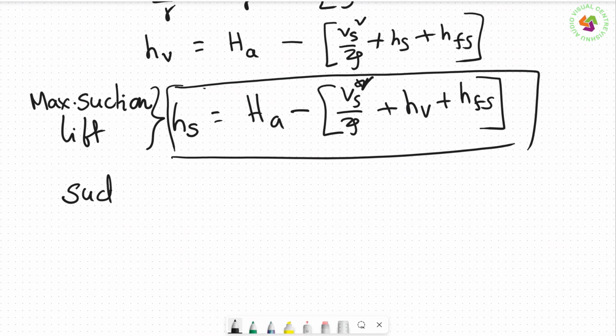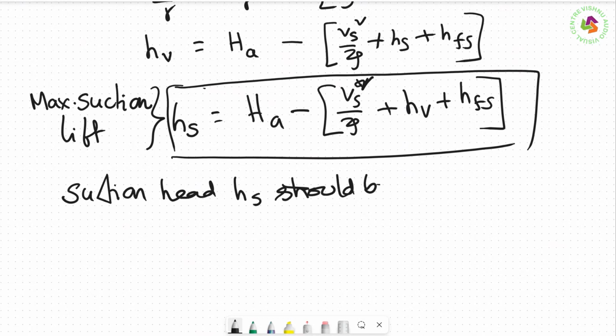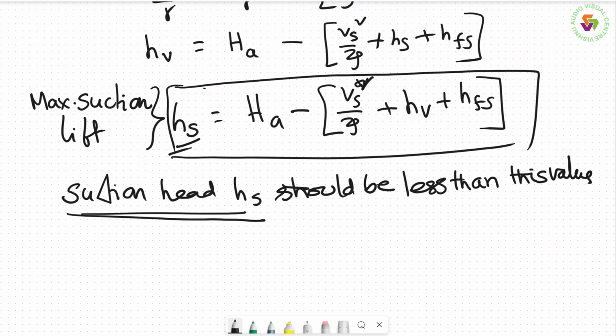The suction head Hs should be less than this value. This is the maximum suction lift. Generally any suction head Hs should always be less than the value obtained from this equation.